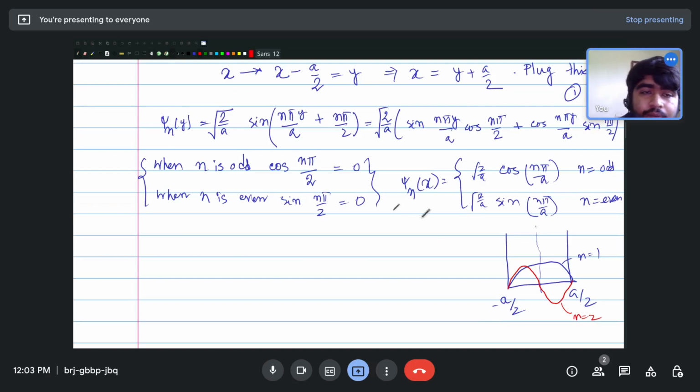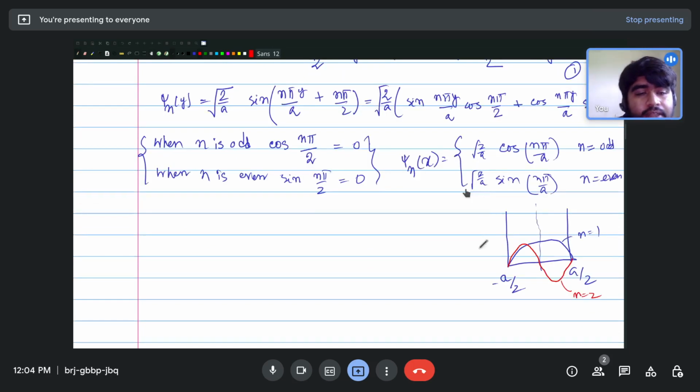The interesting thing is that right now the system is symmetrical, and we are exploiting the symmetry. Whenever you exploit the symmetry, the problem at hand becomes a lot simpler. Now the cosines and sines have a definite parity, that is, they are even and odd functions respectively. Okay, I missed an x here.